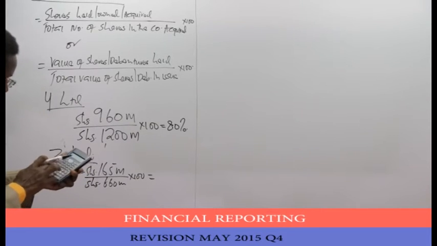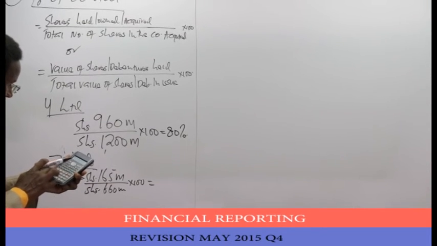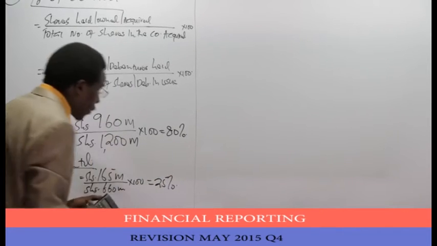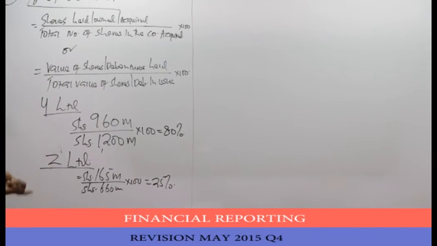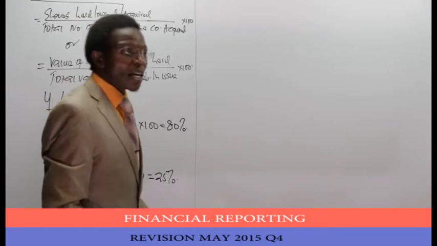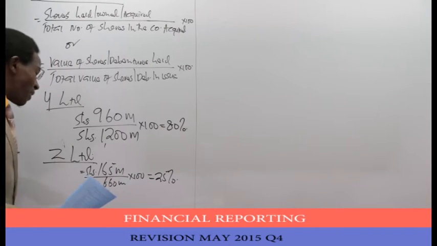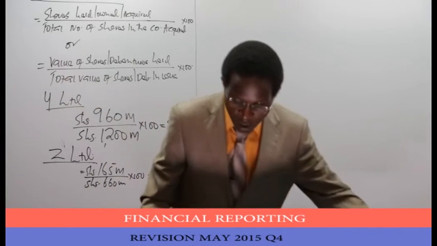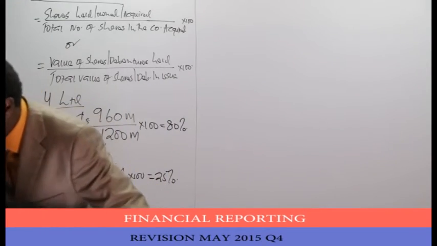We can say that 165 divided by 660 gives us 25%. So we can basically say that Z Limited is actually an associate. So Y is a subsidiary, Z is an associate, unless other constructive agreements or circumstances are available to make Z a subsidiary. Fine. Now, we continue.